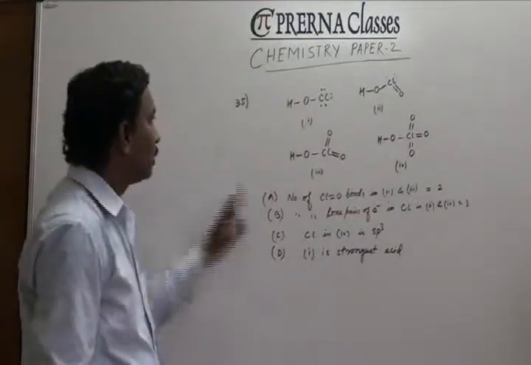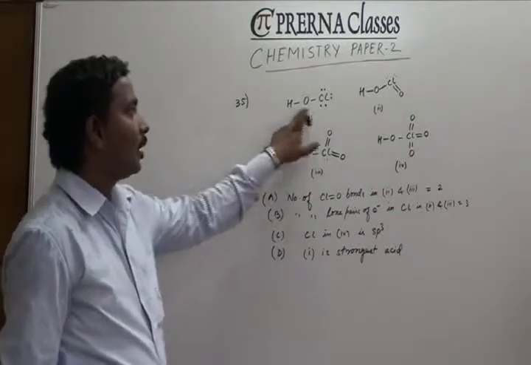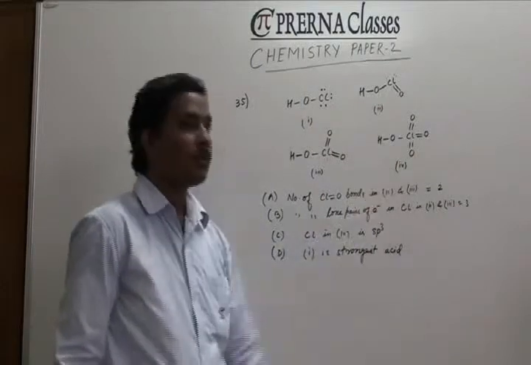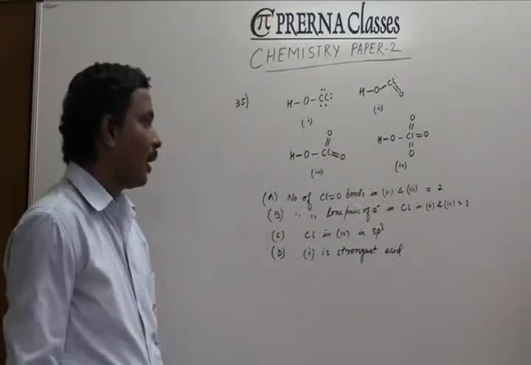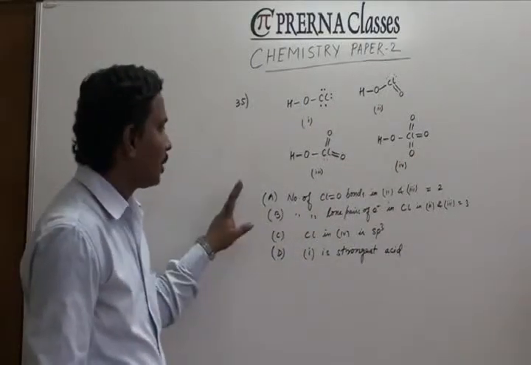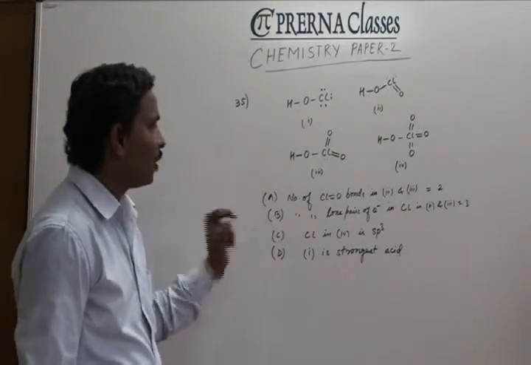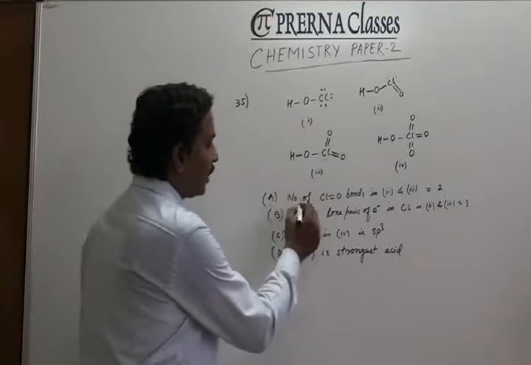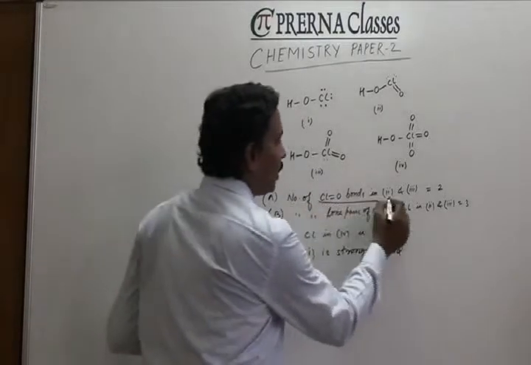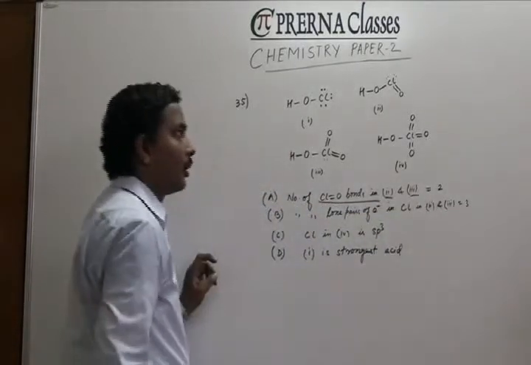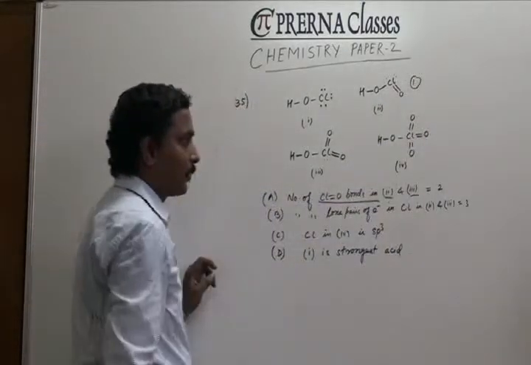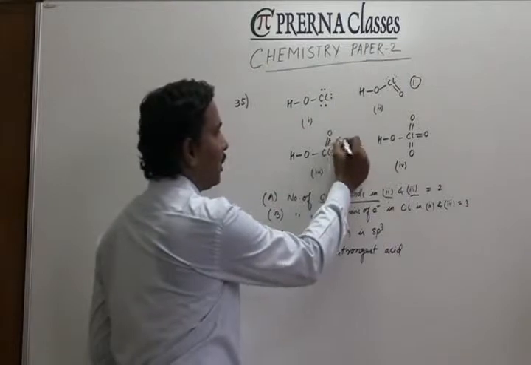Now question number 35. HClO, HClO2, HClO3 and HClO4 are given, and we are asked which of the following statements are correct. First option is the number of Cl=O bonds in 2 and 3. In 2 there is 1 Cl=O bond, in 3 there are 2 Cl=O bonds.